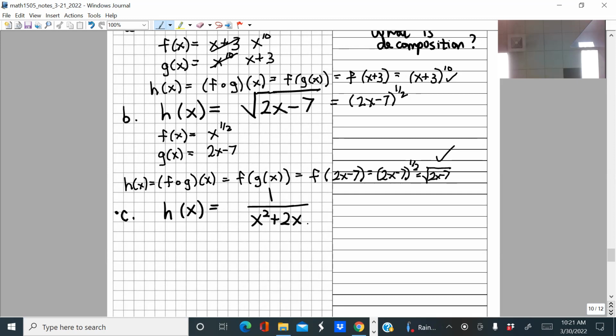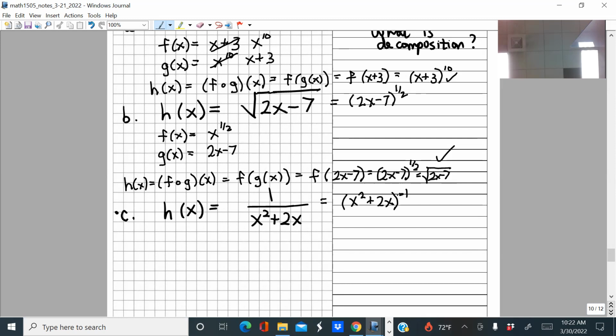The reciprocal of x squared plus 2x is 1 over x squared plus 2x. So when you take the reciprocal of a quantity, you can also write that as a power. What power? Negative what? 1. Right, yeah. So we could write h of x, this formula, as x squared plus 2x to the minus 1 power. We normally wouldn't write it like that, right? But in this case, it is helpful to think of it.